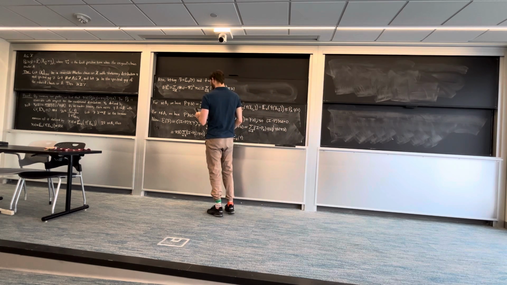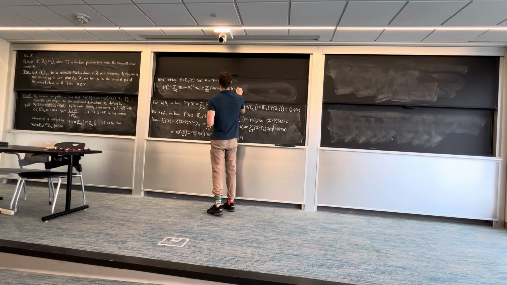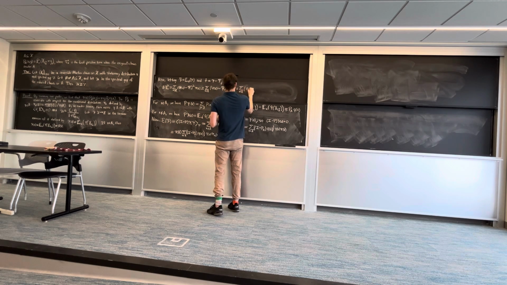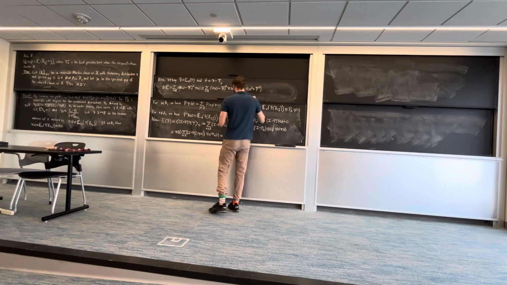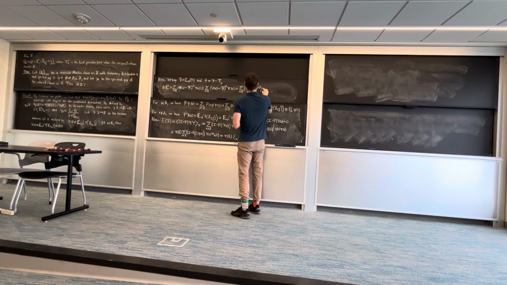And this I can write as sum over x in A of phi of x squared plus psi bar squared pi of x. So why is that?